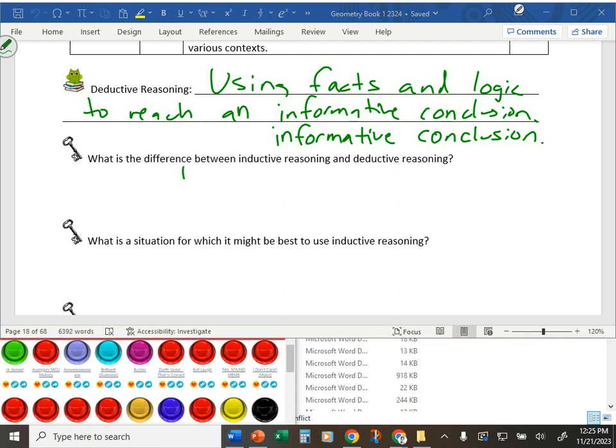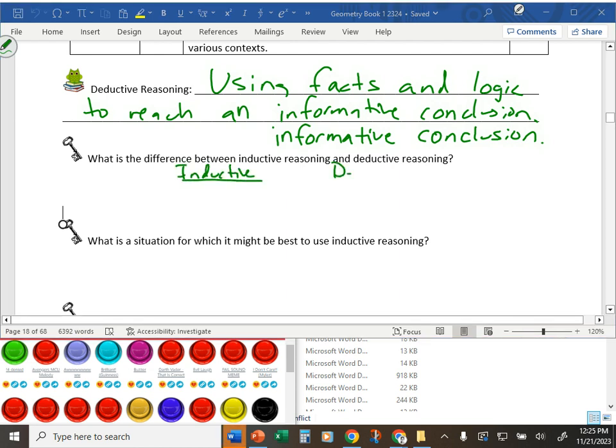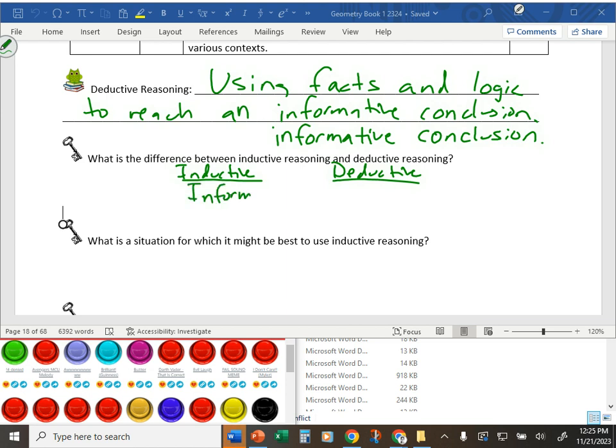Okay, so if you want to write this down, inductive versus deductive. Do you have to call? Yes, you should. I'm just making sure. Okay. Inductive is informal. Deductive is formal. Informal versus formal. Inductive versus deductive.